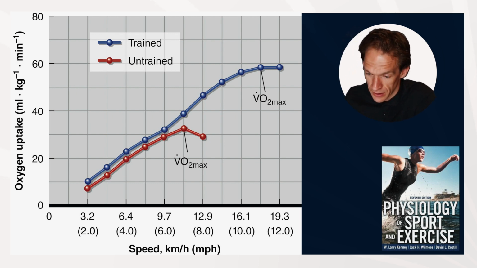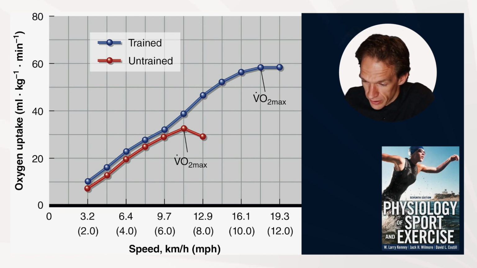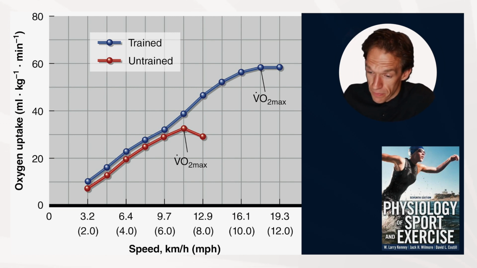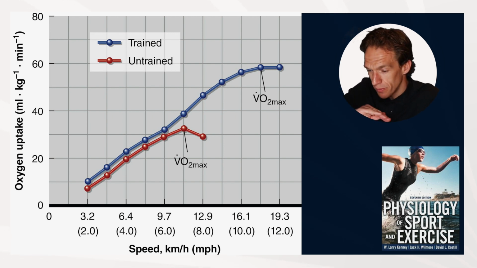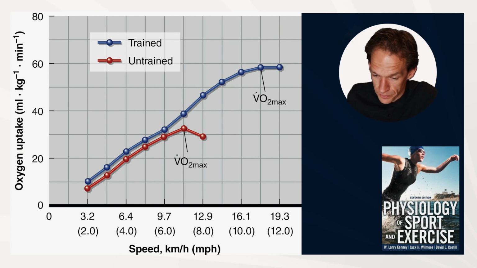You can see that during a max test where you gradually increase the speed, VO2 levels rise accordingly. Post-training, VO2 max values have reached higher values than before training. Yet you can see that the relationship is still more or less the same linear relationship between speed and VO2.